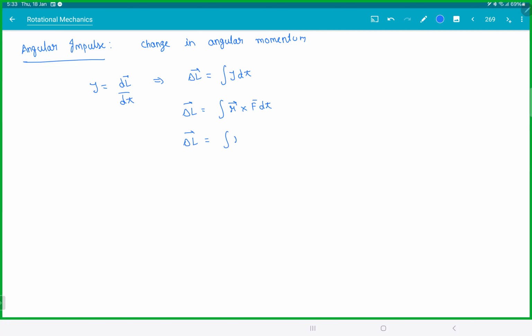And we know F dt is nothing but J, where J bar is nothing but integral F dt, which is change in linear momentum. So this is the relation between angular momentum and angular impulse. So integral of r bar cross J bar is equal to delta L bar.